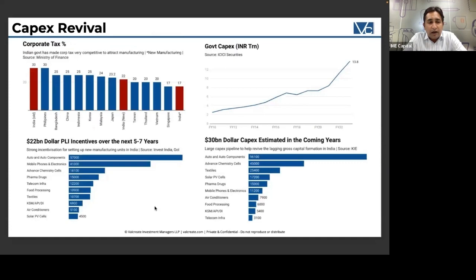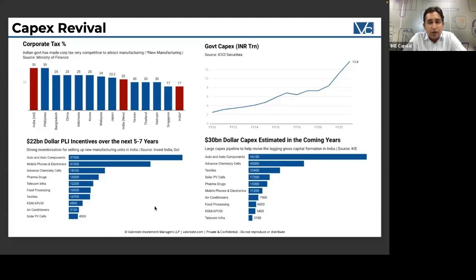There's also a larger play around capex revival that we're quite enthused by. This is basically driven by a sharp reduction in corporate tax rates that has allowed new manufacturing units in India to become a lot more tax efficient than they were in the past.